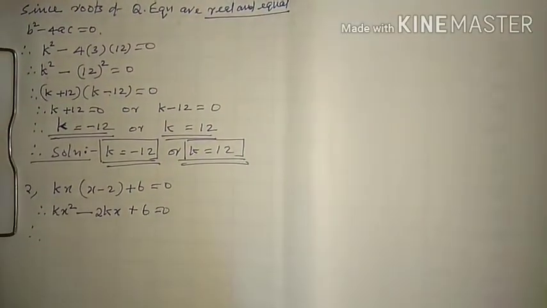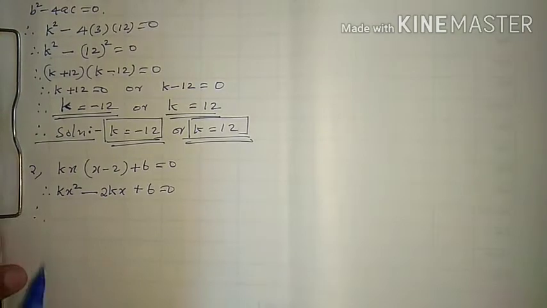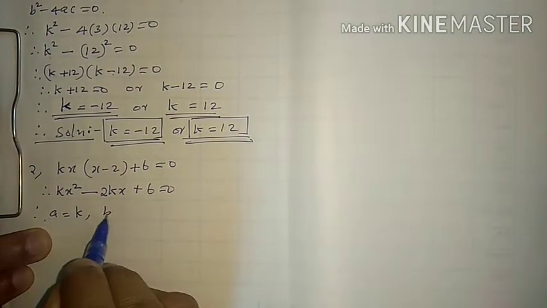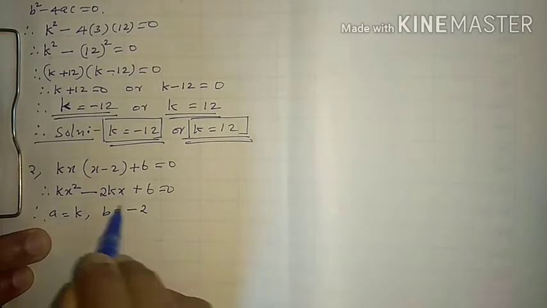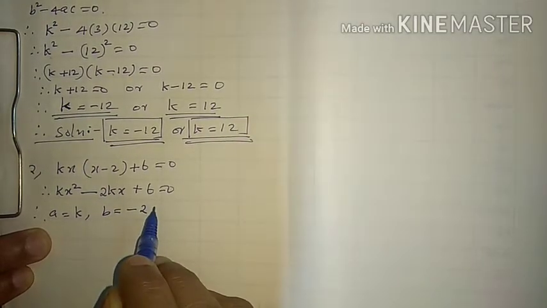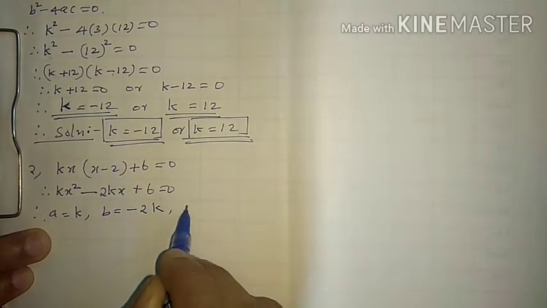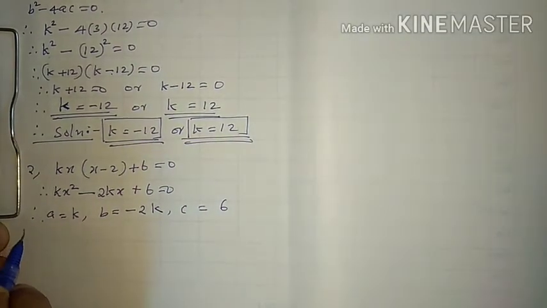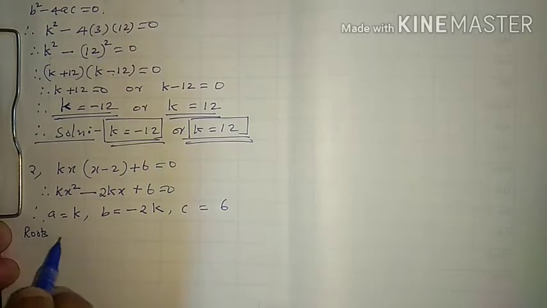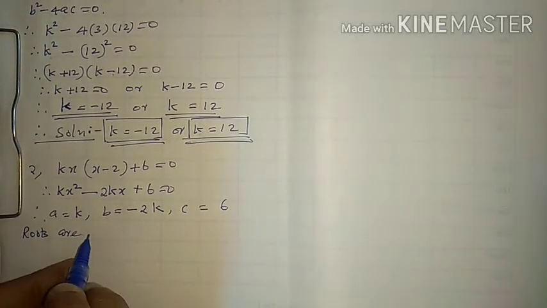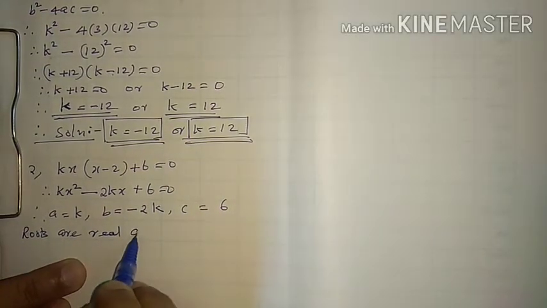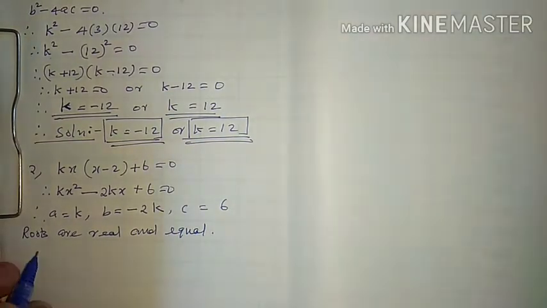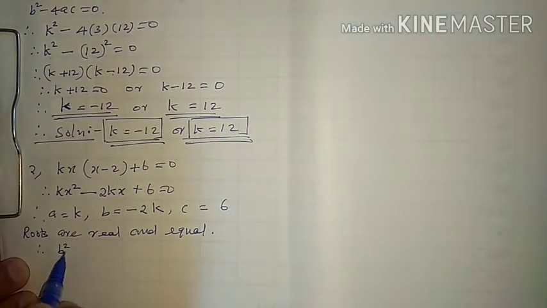Comparing with ax square plus bx plus c equal to 0, a is k, b is minus 2k, c is 6. Here also roots are real and equal.